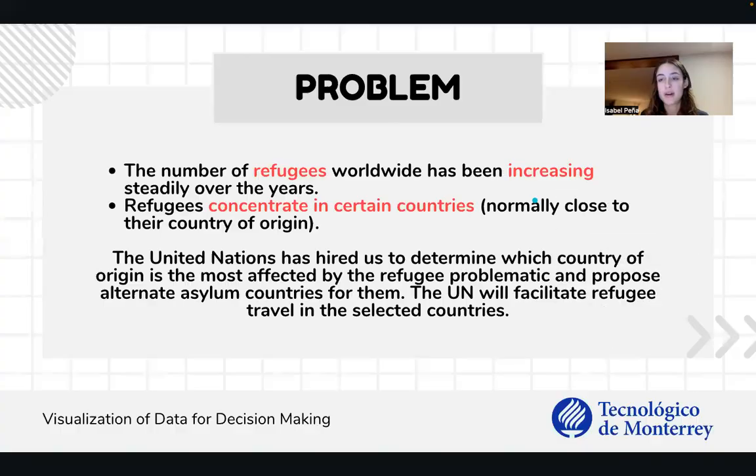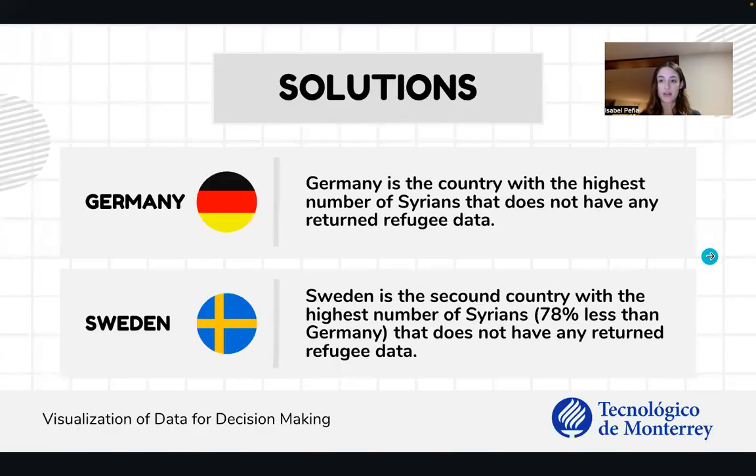Based on these dashboards, I came up with two solutions. The first one, which I think is the most viable, is choosing Germany as the alternate asylum country. This is because Germany is the country with the highest number of Syrians that does not have any returned refugee data.